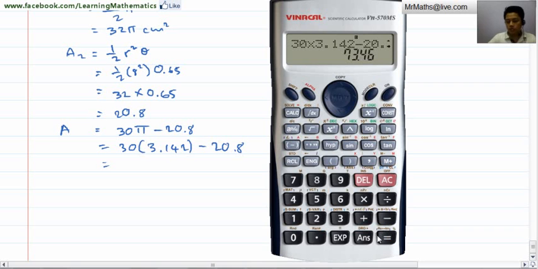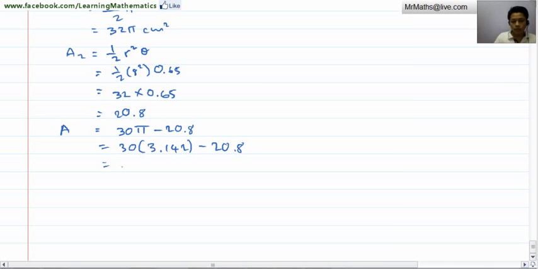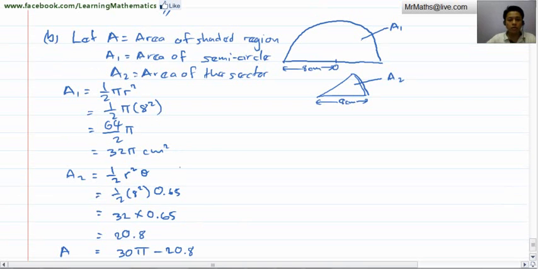That's the answer, 73.46 cm squared. Okay, what's the other way to find?